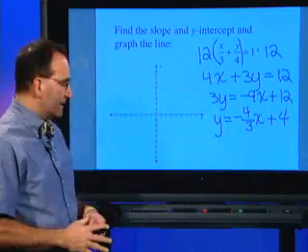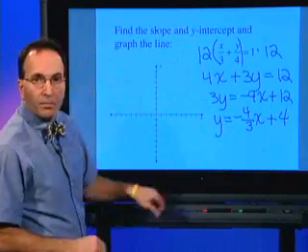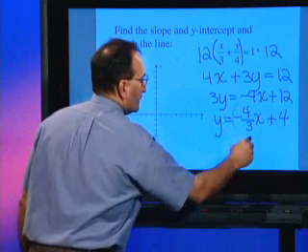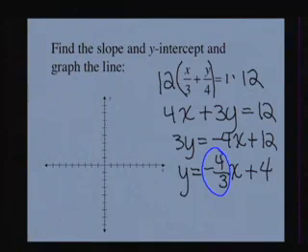Okay, so what that tells us is that our slope is negative 4/3 and our y-intercept is 4. So now we want to graph those, and we start with our y-intercept, which is 4. So we get our point right there.